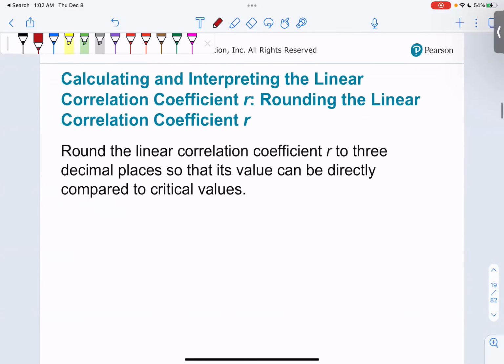And then if we have a correlation, we round this correlation to 3 decimal places.